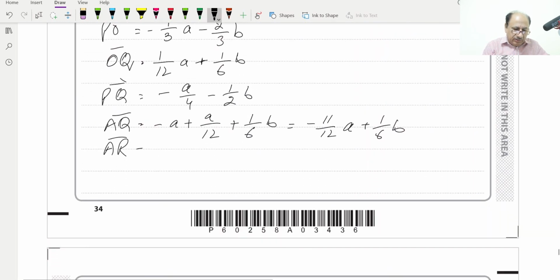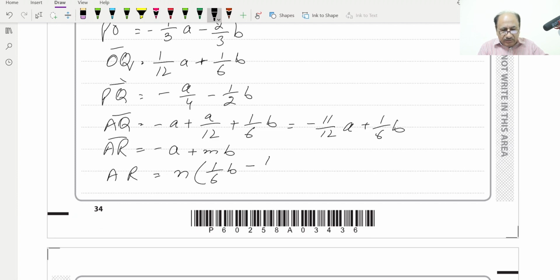So AR will be equal to minus a and plus some portion of b. Now AR, we can write AR is equal to n of 1 by 6b and minus 11 by 12a. This is basically we have taken n of this one, 1 by 6b minus 11 by 12a.